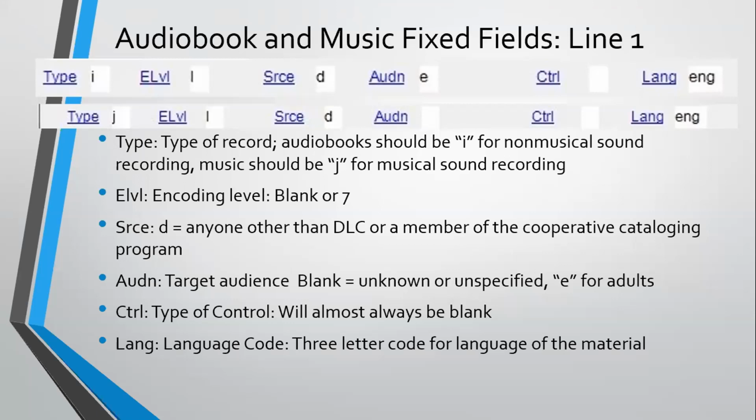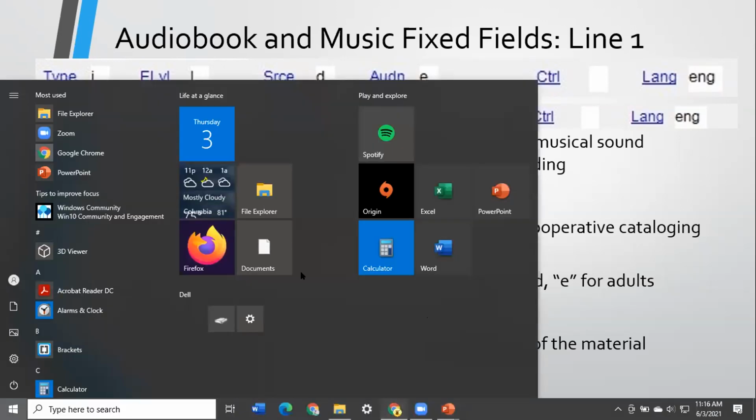And beyond that, you can also have on the container things in different languages, or the text of a musical program, or the lyrics of a song, or maybe the words that are spoken. So these are things that you want to take into consideration. The main primary language of the recording will go right here in your language fixed field. But you can record a lot more detail in the 041 field in the body of your MARC record. So I'm going to show that as well.